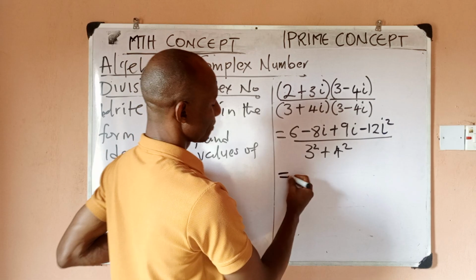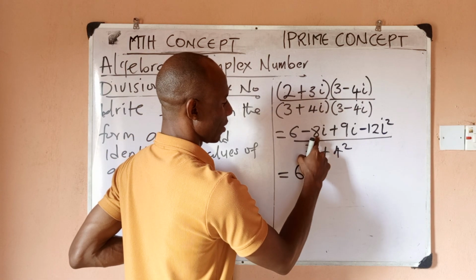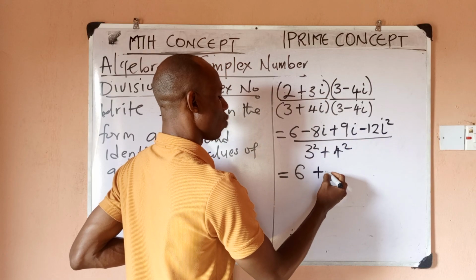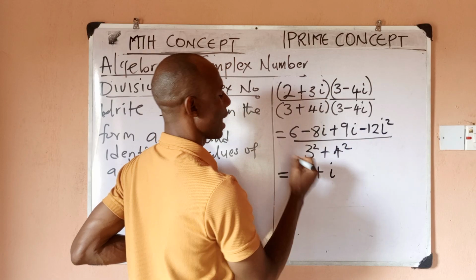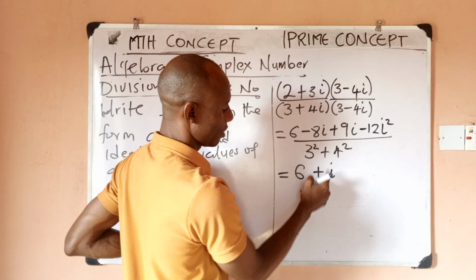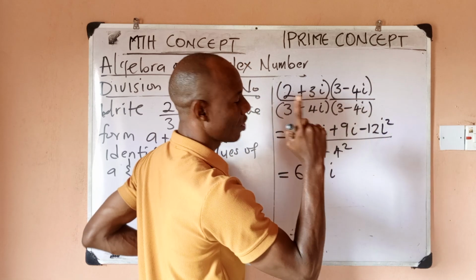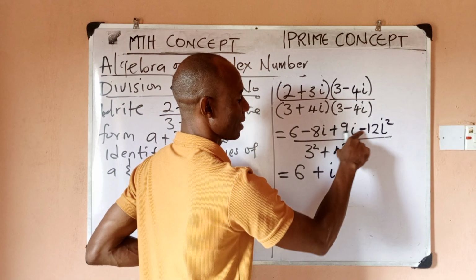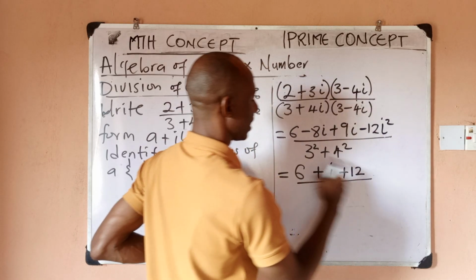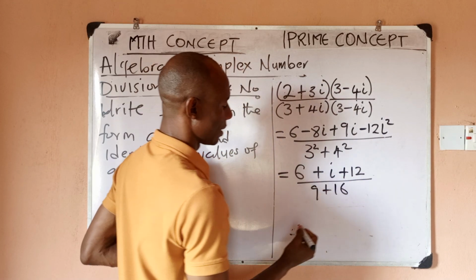So I have 6 minus 8i plus 9i becomes plus 1i, which I'll just write as i. Now, i squared is minus 1. Minus 1 times minus 12 becomes plus 12. Divided by 3 squared, which is 9, plus 16.